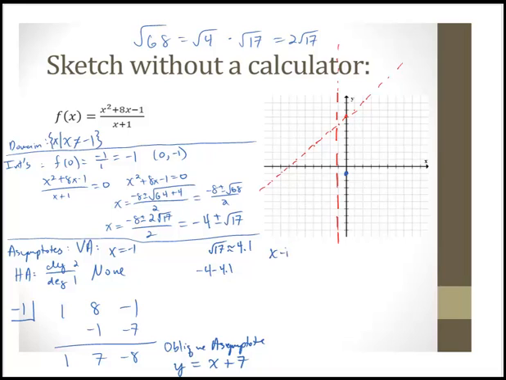So I have an x-intercept at about -8.1. 1, 2, 3, 4, 5, 6, 7, there's -8.1. And -4 plus 4.1, I have an x-intercept at approximately (0.1, 0).